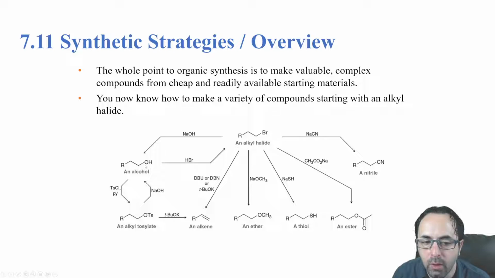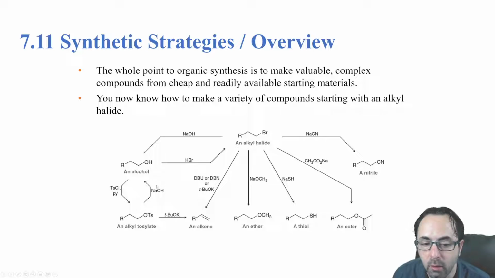And of course, if we want to do a subsequent reaction on that alcohol, we will want to replace that alcohol with a tosylate, a good leaving group. If we want to remove the tosylate, this is a new part, we can treat with sodium hydroxide, and that will replace the tosylate again with the OH.